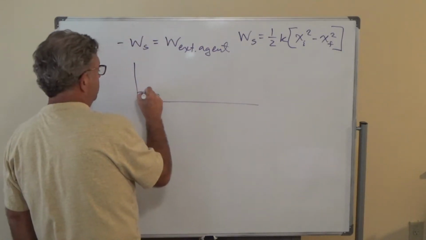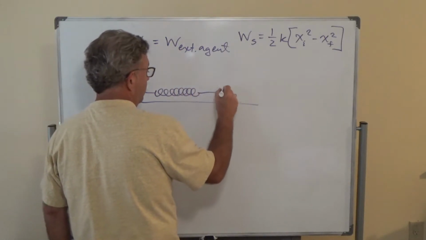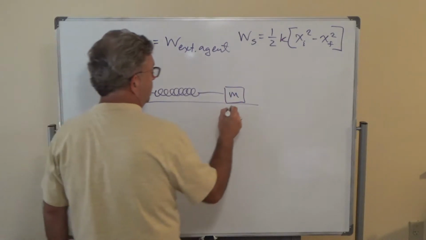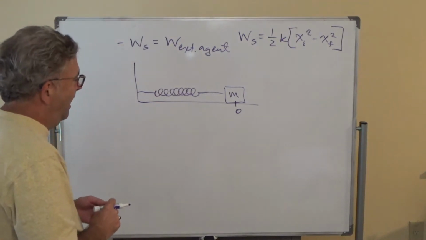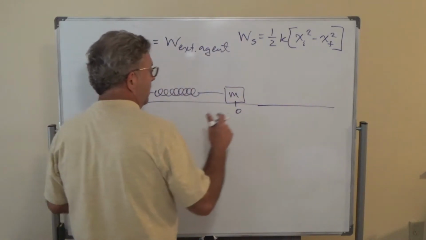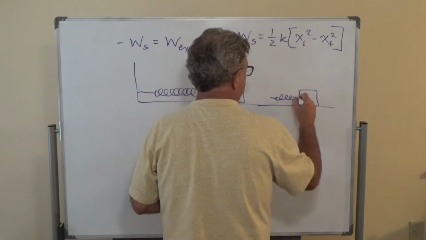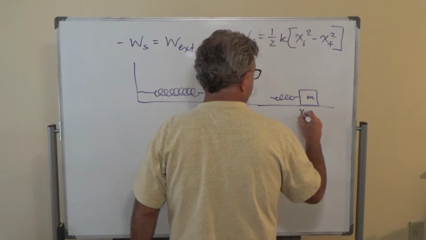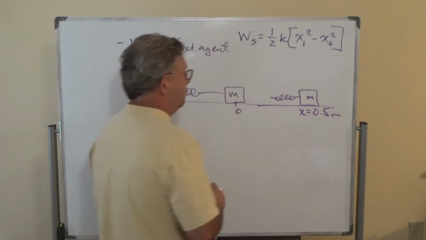We could spend weeks and weeks and weeks talking about spring mass systems. Here's a mass. Let's say it starts out here at 0, and it gets displaced down here by some external agent to x equals 0, so about 50 centimeters.